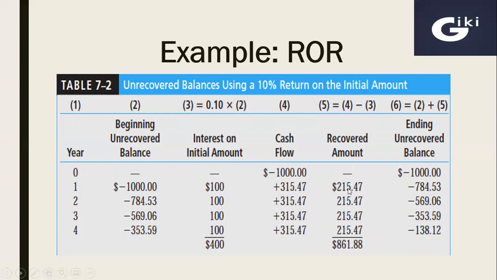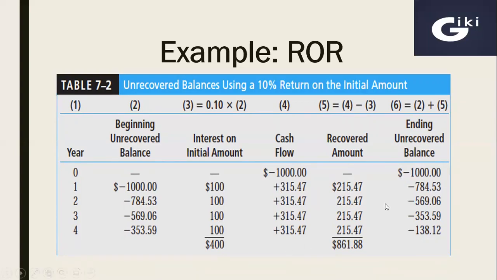Similarly, the recovered amount in each time period will be the same, which is $215.47. And the ending unrecovered balance will be calculated as 1,000 minus 215.47, 784.53 minus 215.47, this is equal to 569.06.